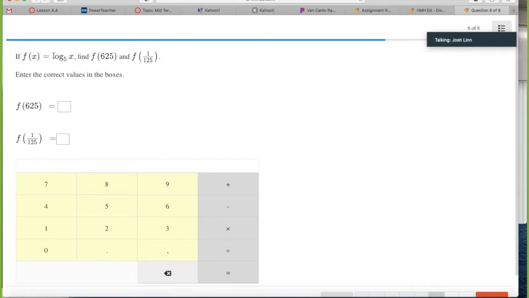If f of x equals log base 5 of x, find f of 625 and f of 1 over 125. So log base 5 of 625 equals, we'll just say y.